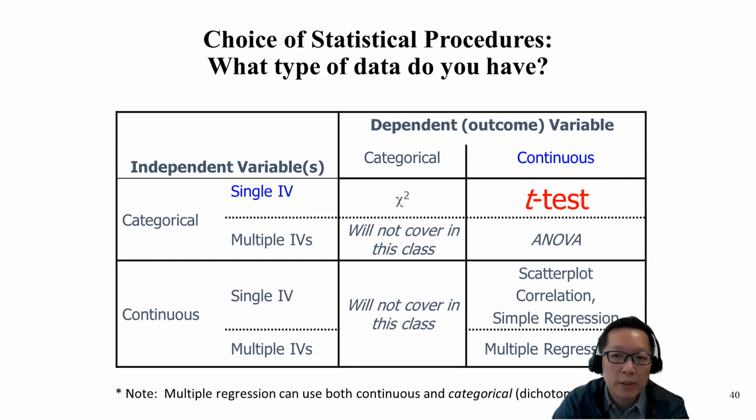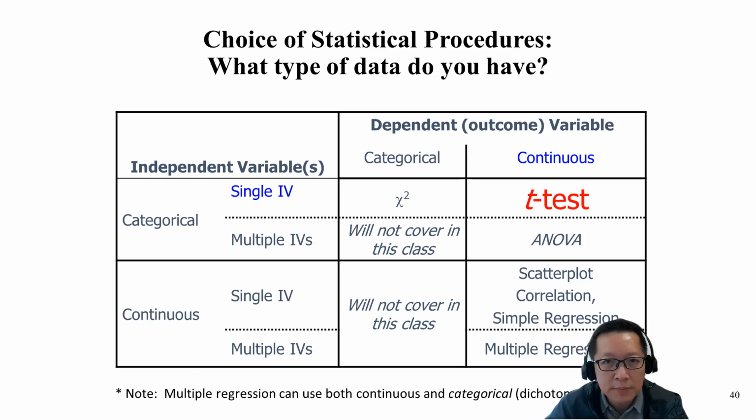But if your outcome variable is continuous or metric scale, right? Continuous or metric is the most commonly used term. And you're basically interested in one independent variable, then you can use a t-test, right?